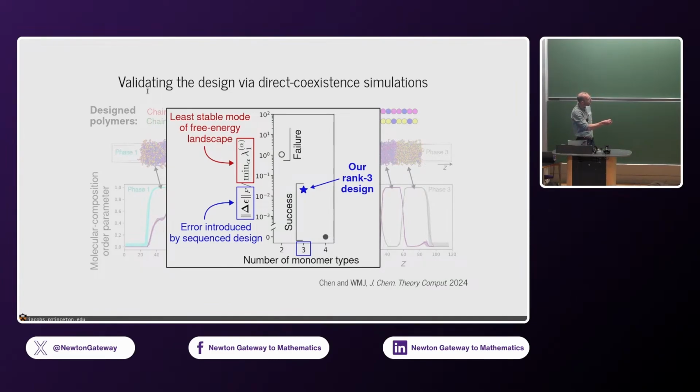This number should be small, and indeed, we can get away with only using 3 monomer types in this way. All of these phases end up just mixing together for any design of heteropolymers where we only used 2 monomer types. So this gives us some assurance that we are going in the right direction for looking at the molecular rules for being able to build these multiphasic structures.